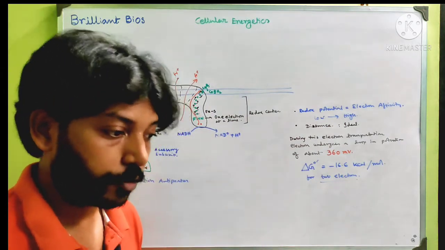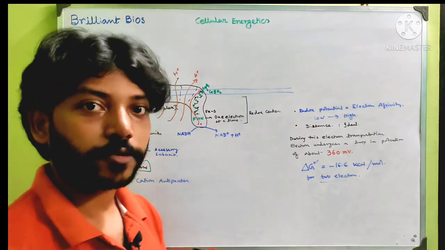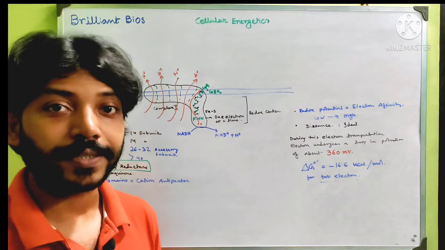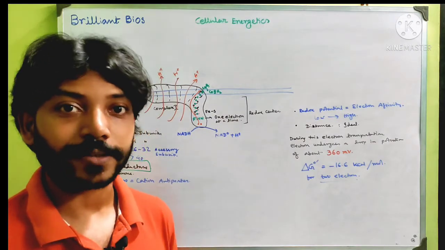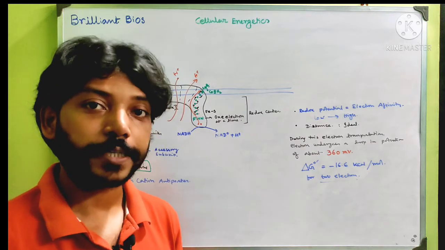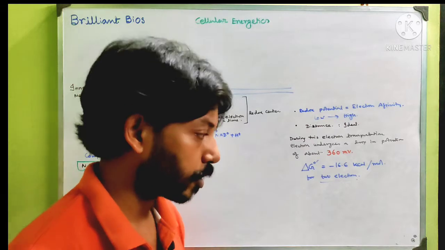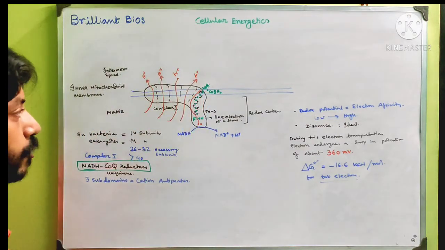That much energy is used by this complex to change the structure of the molecules. But I want to mention that the structure of complex 1 is still not completely known. So the mechanism of how the conformational change and proton transportation occur is not yet completely known. But we know that 4 protons are transported out.